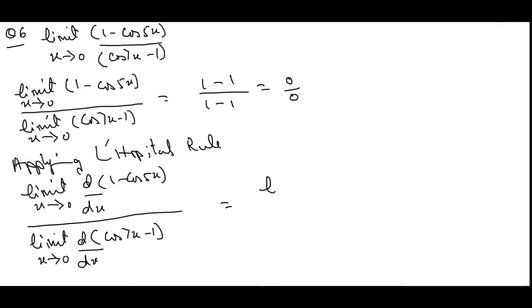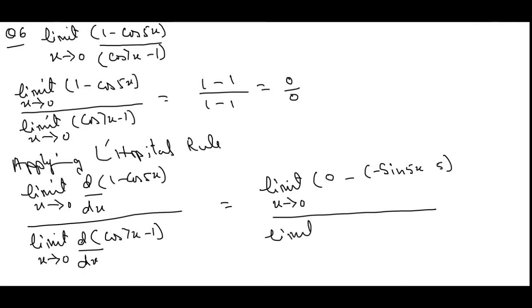So here we have limit x approaches 0, derivative of 1 is 0, and minus sine 5x, and then the derivative of the angle, which is 5.